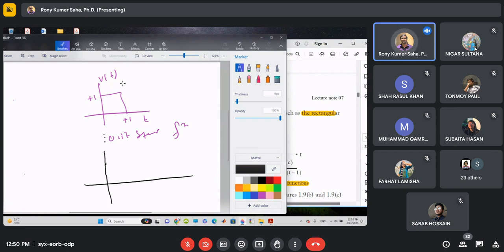And because it is a positive quantity, there should be a positive quantity here. But it lasts only up to t equal to 1, not to infinity. So we need another function here.